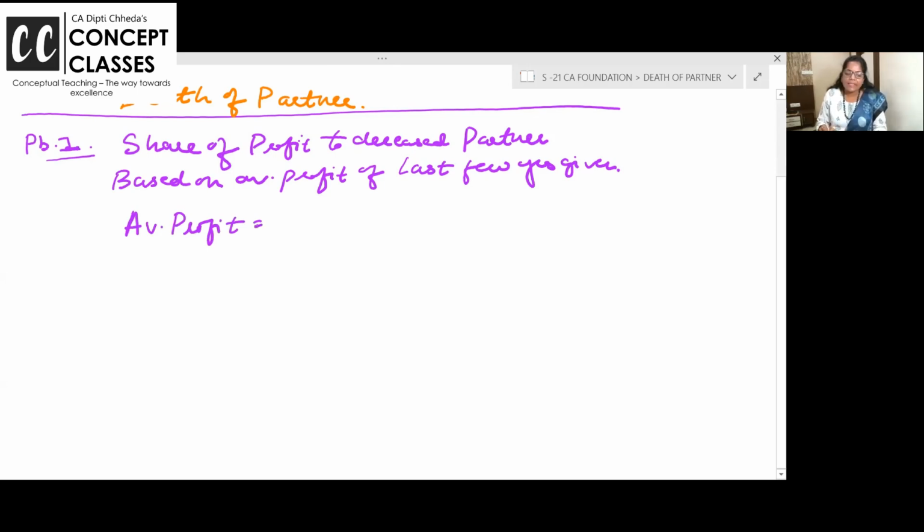Average profit के लिए let us take the total profit of the last 3 years. But they have given the profit of 4 years. So ignore 2013. Directly take 5,000 plus 8,000 plus 9,000. Everyone in the class is clear or not? They said take average profit of last 3 years.